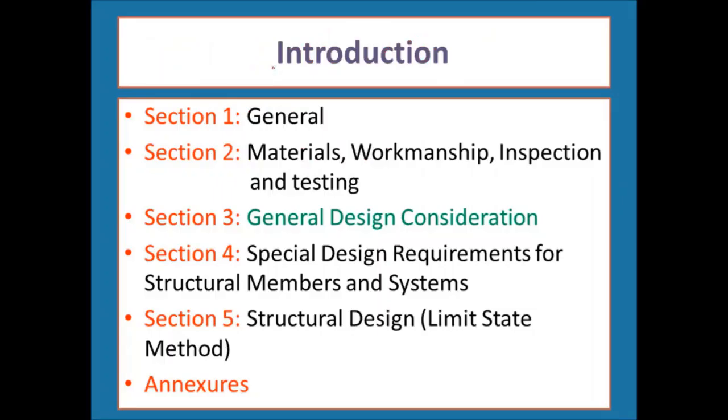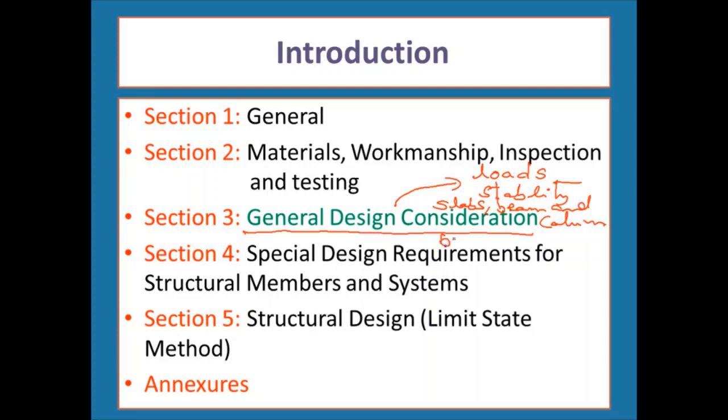Now section 3 gives the idea about the general design considerations. That means these clauses are applicable for both the working stress method as well as the limit state method. This general design consideration involves the various types of loads on the structure and the stability checks we have to make, and along with that it also gives various clauses related to slabs, beams and columns.